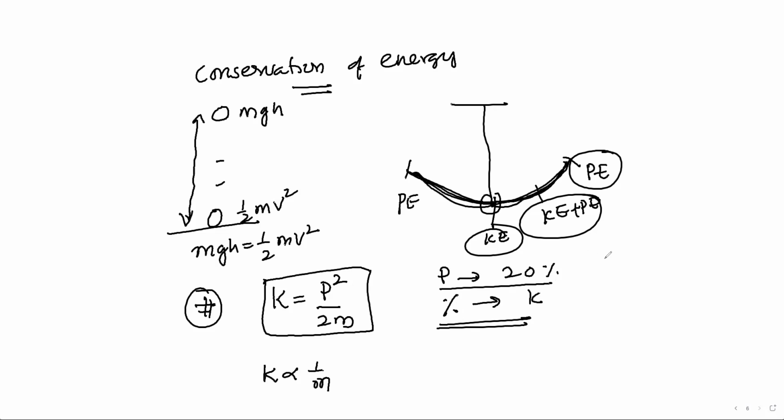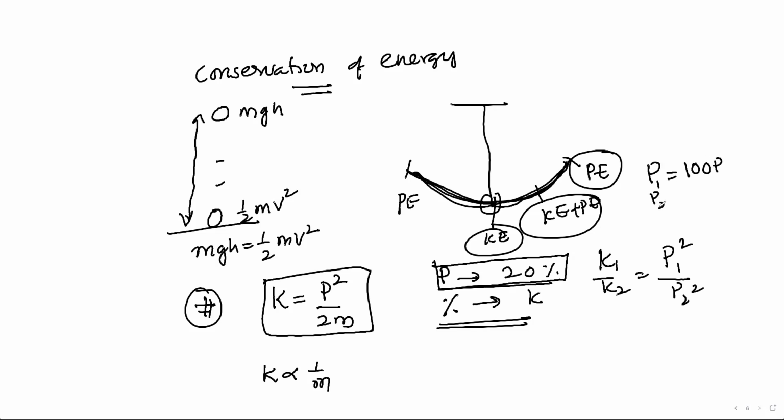To do this problem, just write K1 by K2 equal to P1 square by P2 square. In your problem, it is given momentum is increased by 20%. To solve this type of relations, the convenient way is to take initial momentum as 100p, final momentum, because it is increased by 20, is 120p.